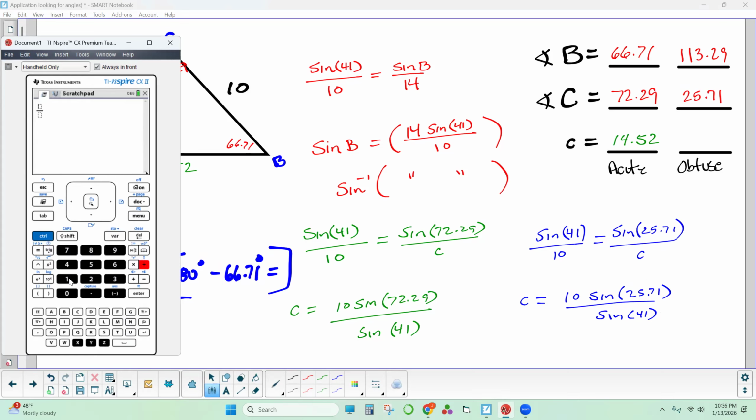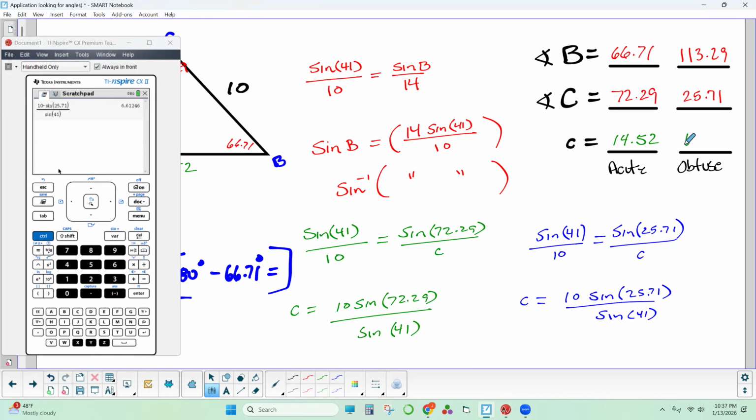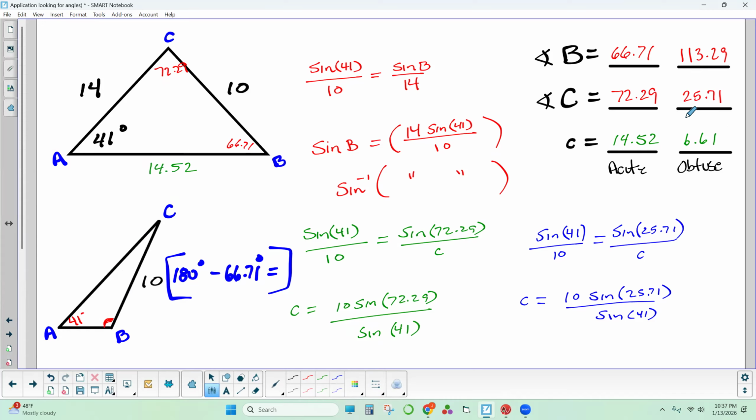Up top, we've got 10 times sine 25.71 degrees divided by sine of 41 degrees. And we get 6.61, which sounds right. And that is our last missing piece. And now we've solved for both triangles.